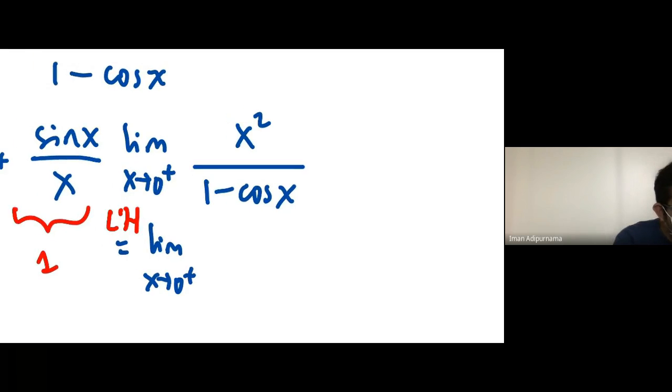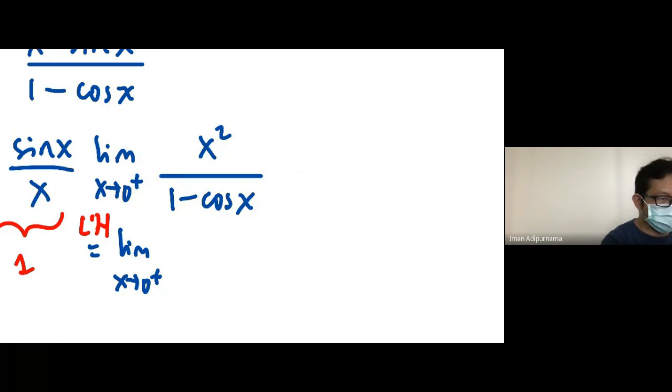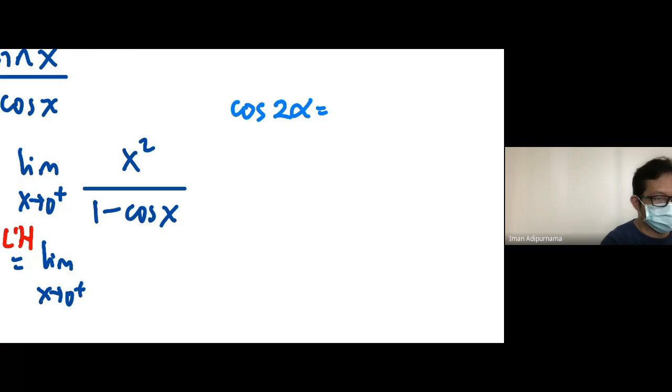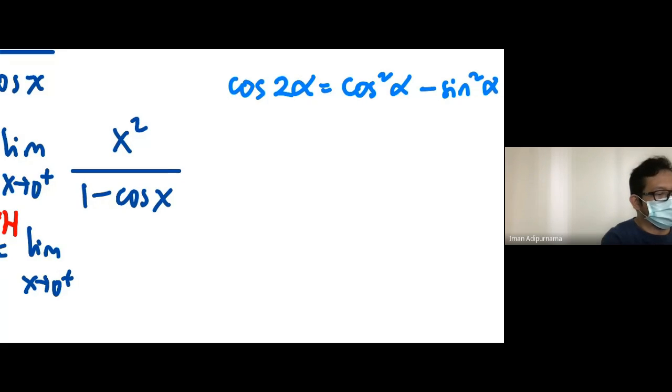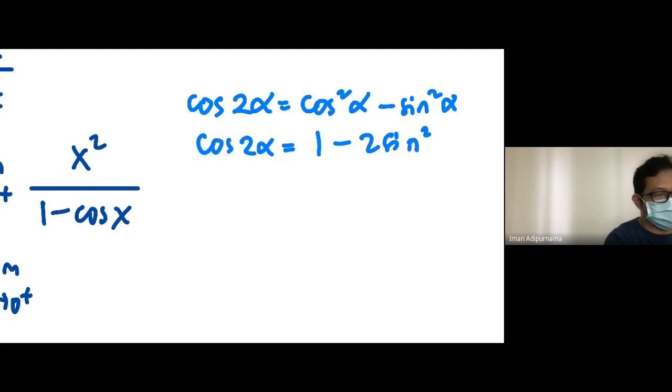Let me think. If you have the cos of 2 alpha, sometimes this is helpful. If you think of 1 minus cos, and you can make it into a squared form, maybe you can use this.